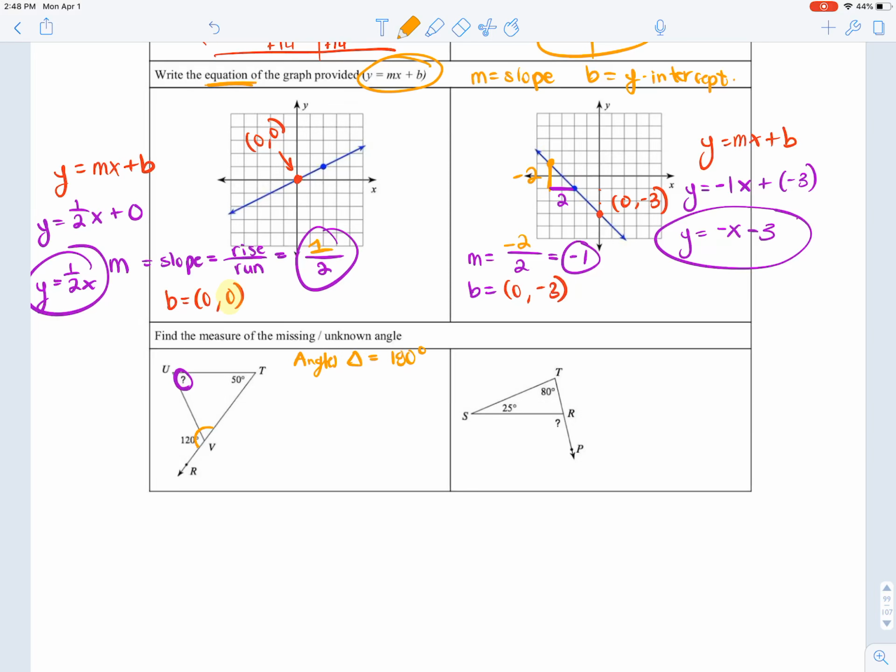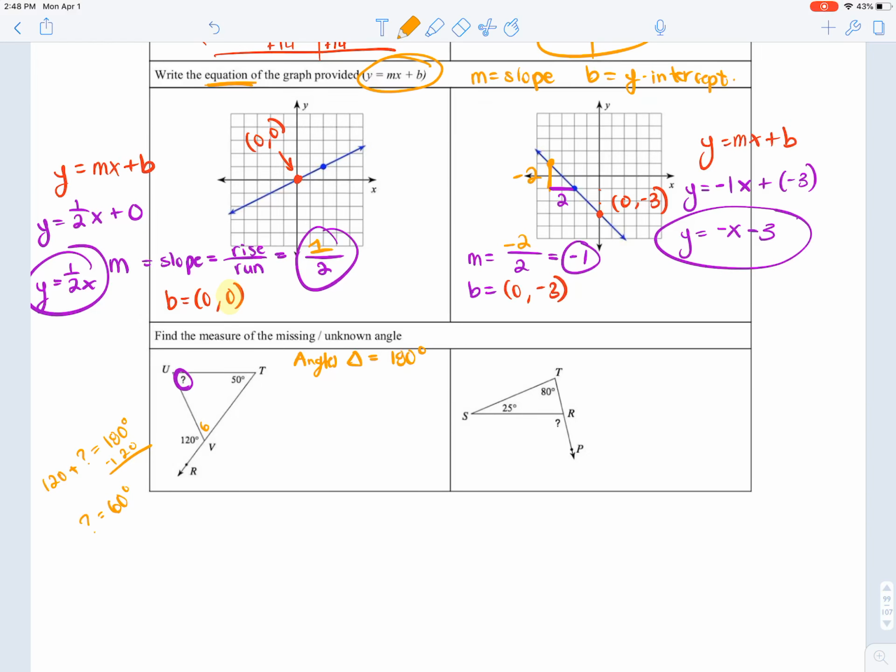Do you see how they create a straight line, this 120 degree and then this orange angle right here? They do create a straight line. So when you add them together, they should add up to 180 degrees. So let's go ahead and subtract 120 from 180. So it looks like the angle in question is going to be 60 degrees.